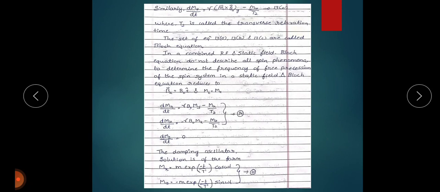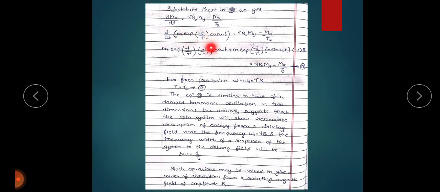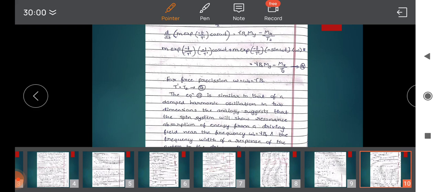Then substitute the value of Mx as M into exponential of minus t divided by T dash into cos ωt, keeping the remaining terms on the right-hand side as they are, ν B0 My minus Mx divided by T2. Next, differentiate with respect to time t.